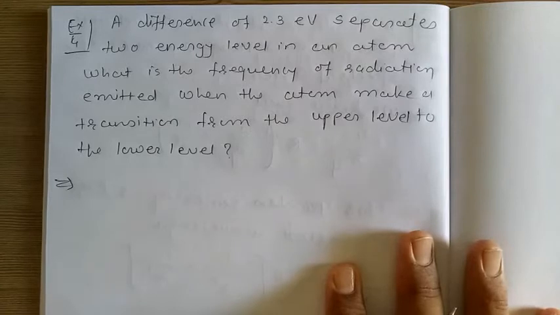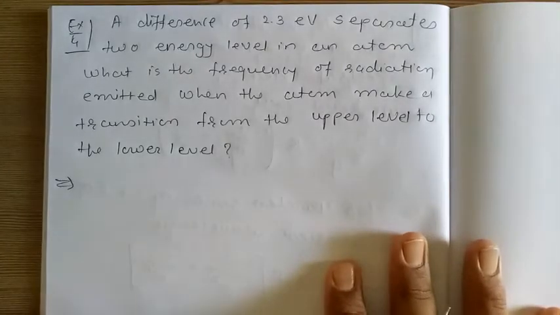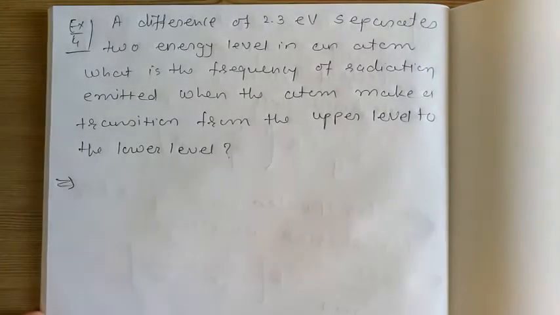Now example number 4. A difference of 2.3 electron volt separates two energy levels in an atom. What is the frequency of radiation emitted when the atom makes a transition from the upper level to the lower level? So here the energy is given.